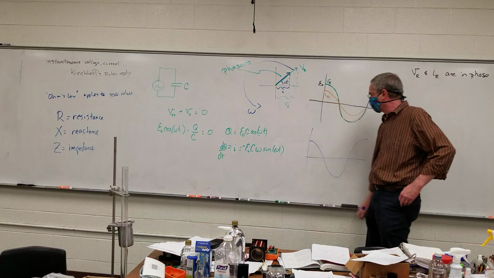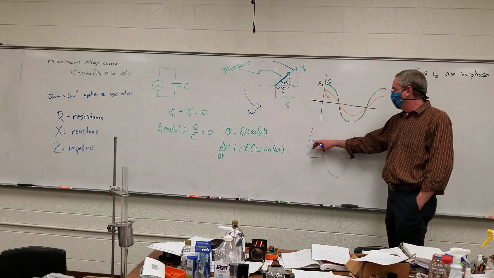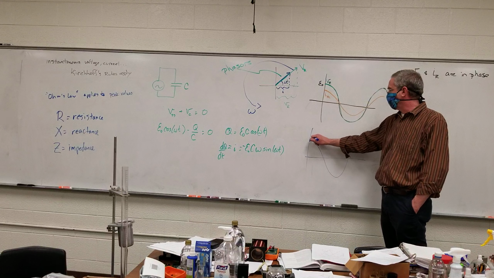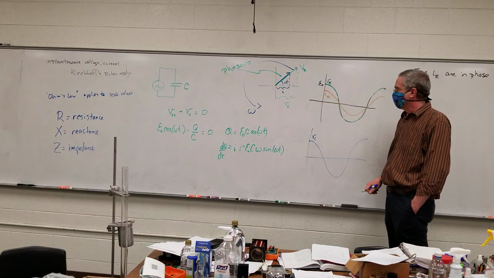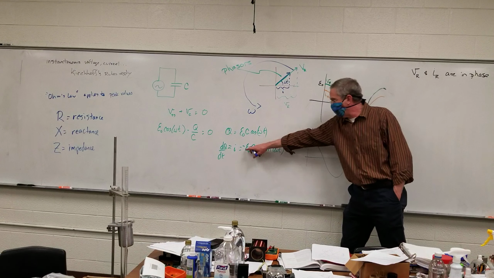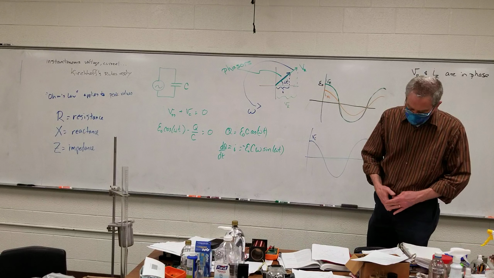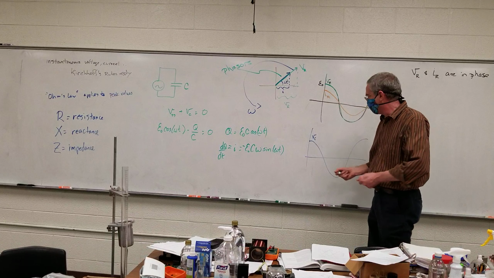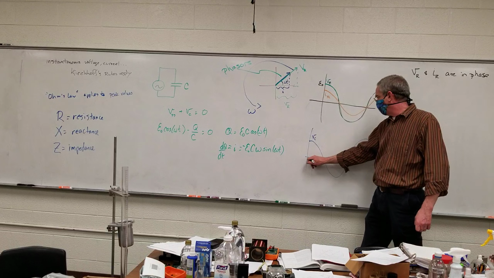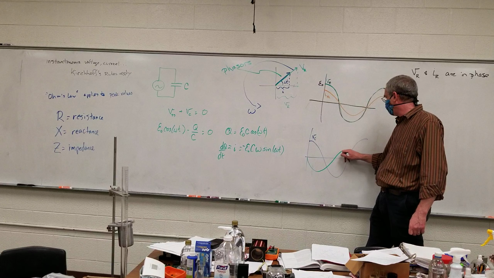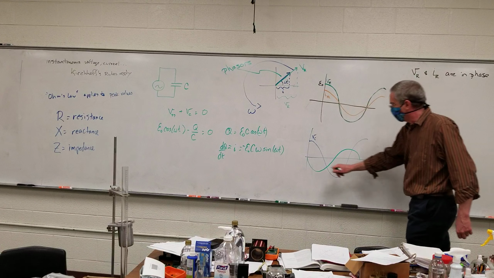There, that works. So this is going to be my voltage, the voltage across the capacitor. My current, on the other hand, is a negative sine function. So the usual, stunning visual effect. A negative sine function is going to look something like that. This is my current.